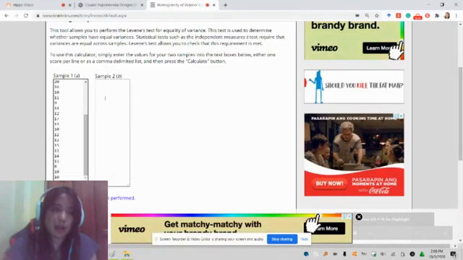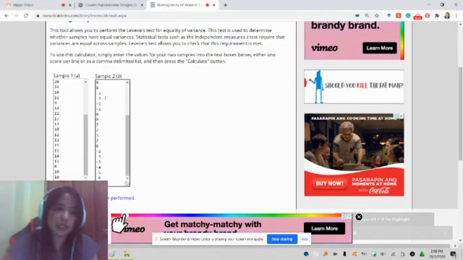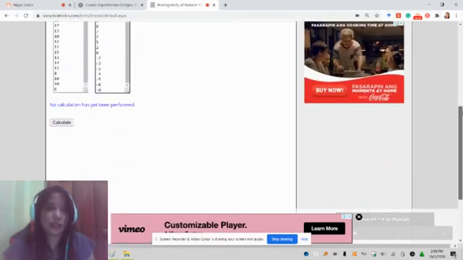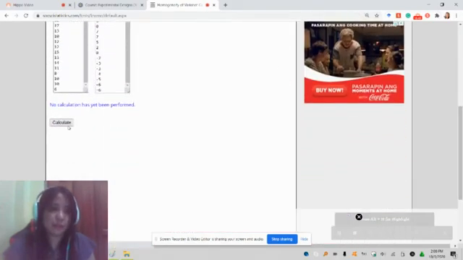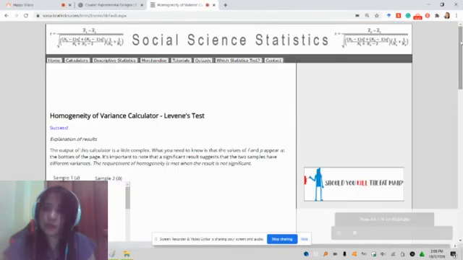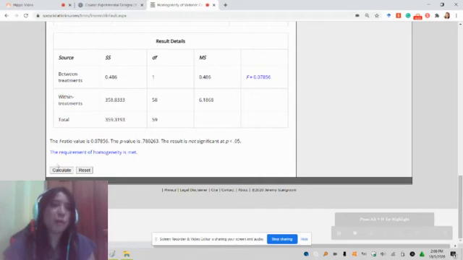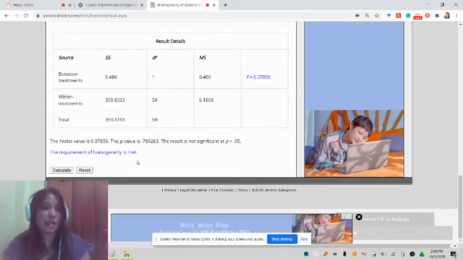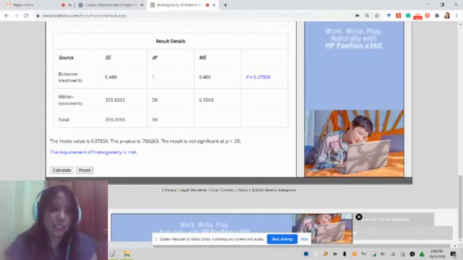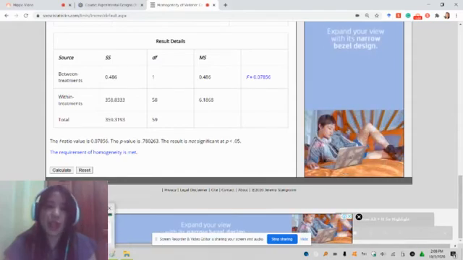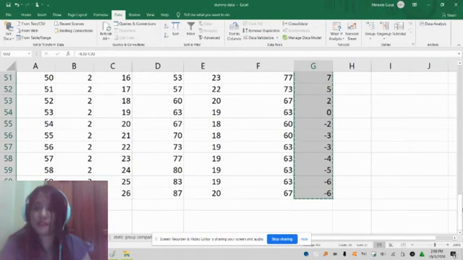And go back, paste, and click calculate. Okay, so let's go down. So the requirement of homogeneity is met. So which means we will go back to our data and use the equal variance assumed.